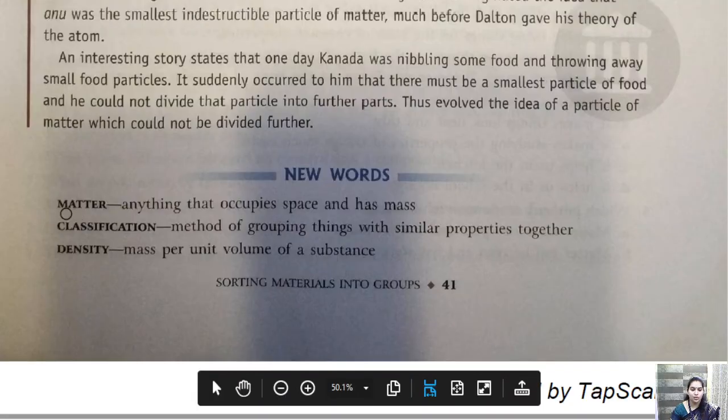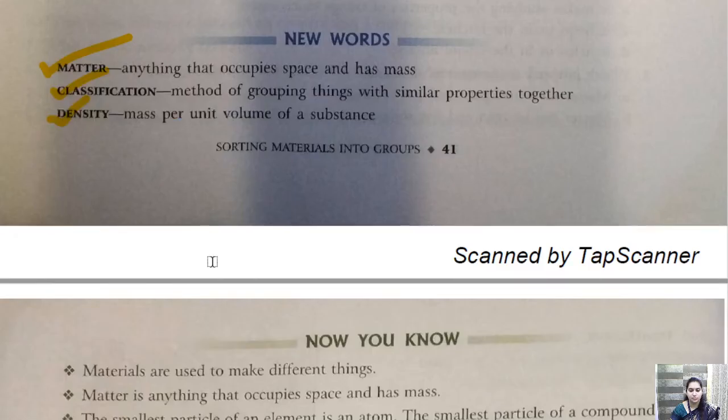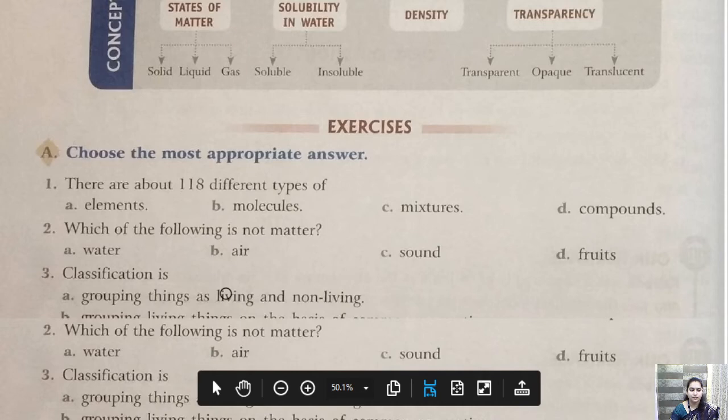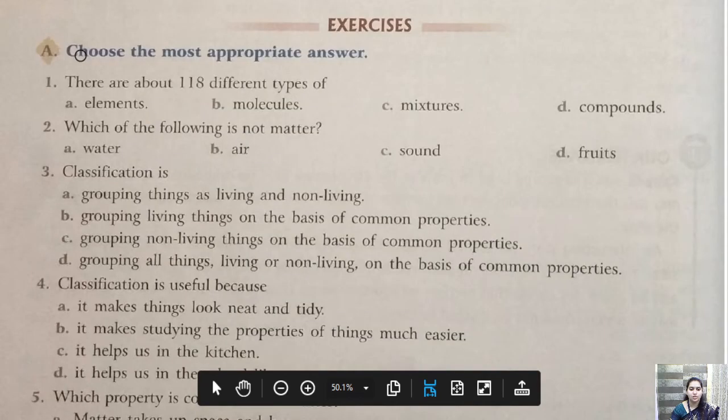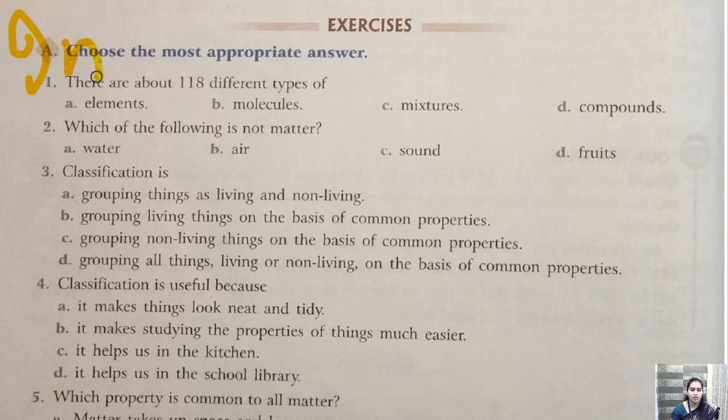Then these new words, what is matter, what is classification, what is density, are important, okay? Children, this choose the most appropriate answer is very, very, very important, okay? Please do learn all of these, okay?